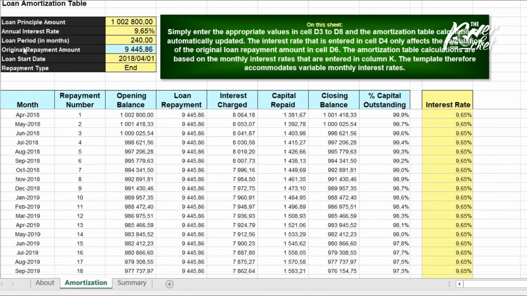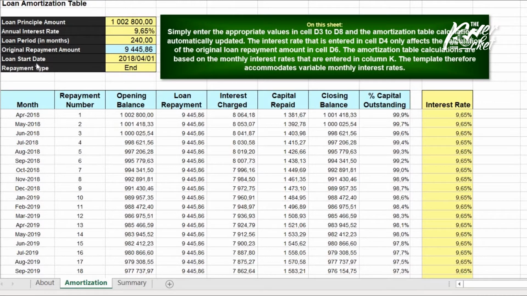The reason it says original is because interest rates tend to vary. When the repo rate increases or decreases, the banks adjust the interest rate, and you can even change the interest rate at a particular point in time to show you how it changes your loan repayment.